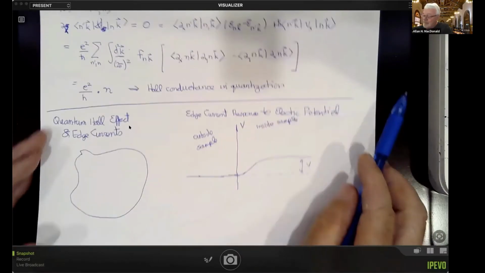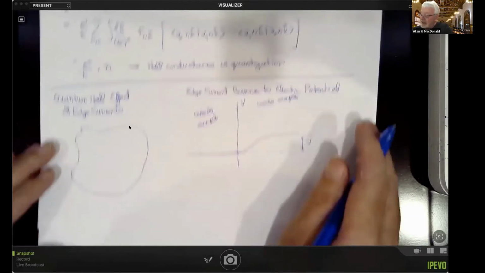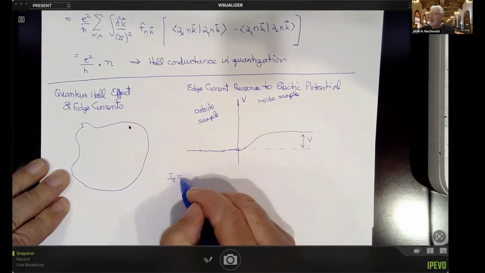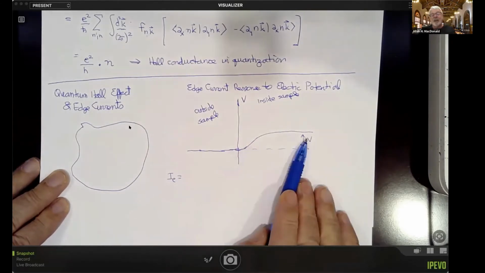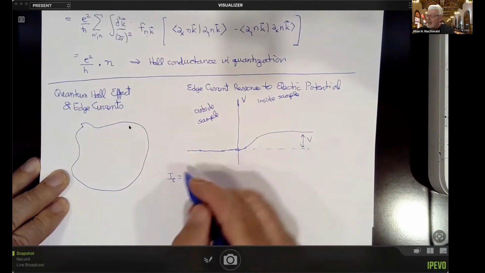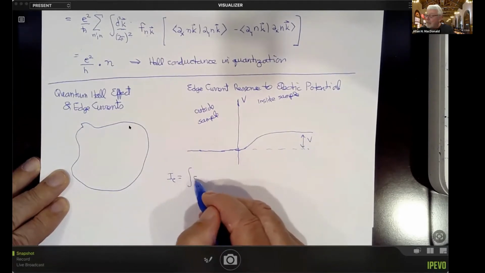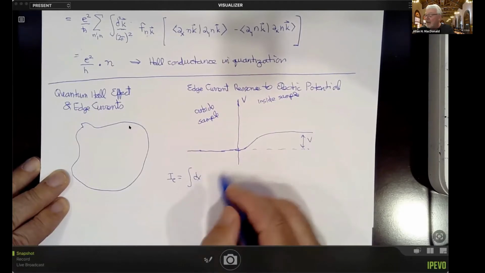So the total edge current that flows in response to turning on this potential is the integral of the current density of X of the Hall conductance.